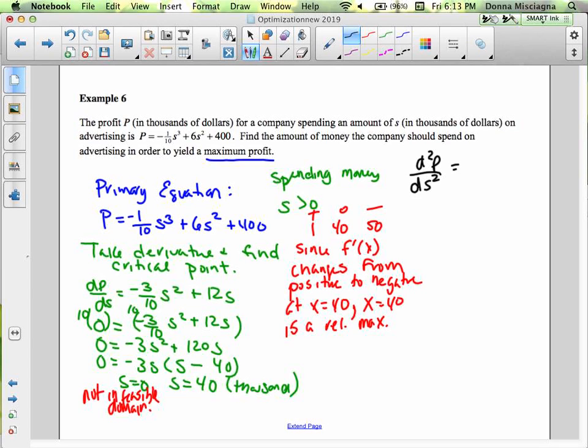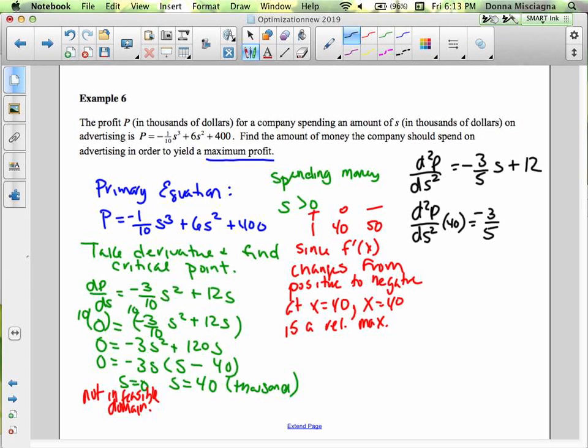So we got negative 3/10 S squared, so that's going to be negative 3/5 S, and then plus 12. So we're going to plug in the 40, because that's our critical point.